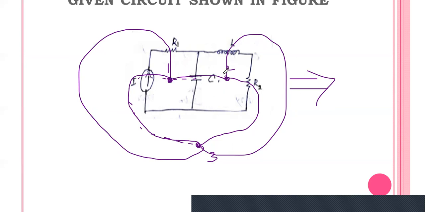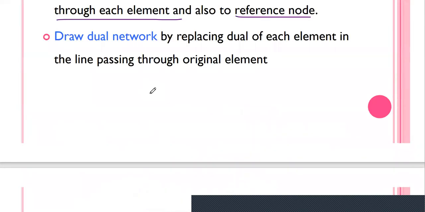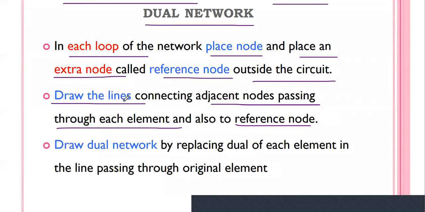Between these two nodes, one common element is available, so you connect node 1 and node 2 via this capacitor. So the second step is to draw a line connecting the adjacent nodes passing through each element and also to the reference node.